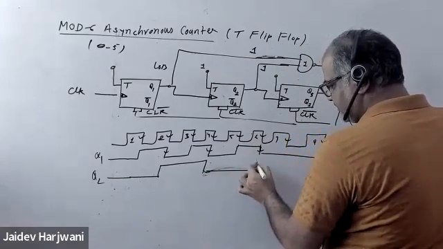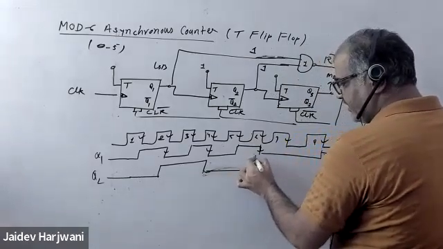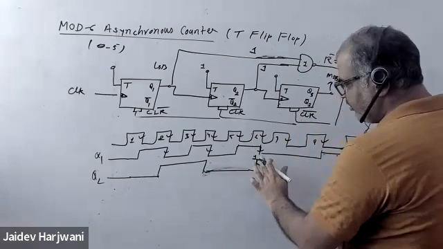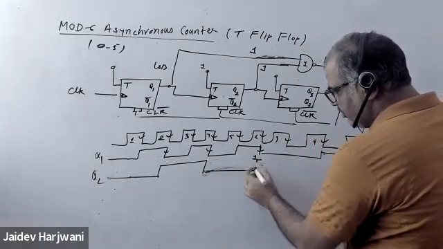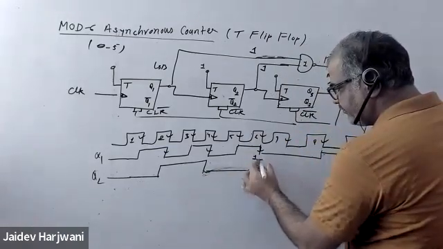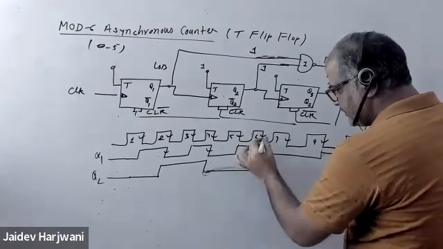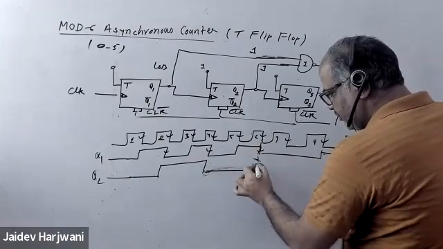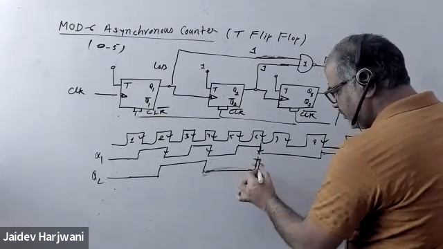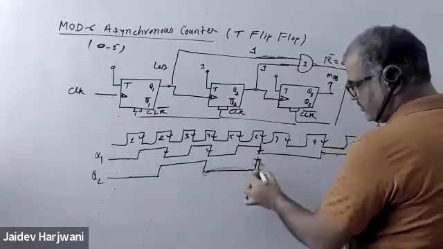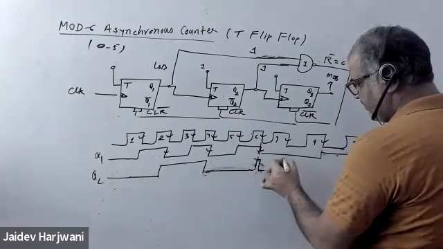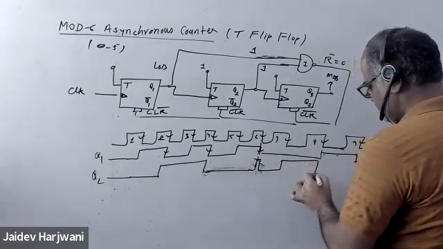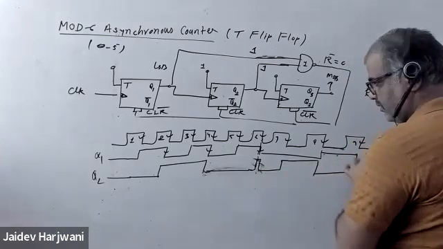What happens at the 6th? It goes up, it goes 1, but only momentarily, because we have the reset parameter, so it will go up and then it will come down. At 6th clock, your Q2 will go up, and then it will come down and again becomes 0, and again it will go to 1 here, again 0, again 1.